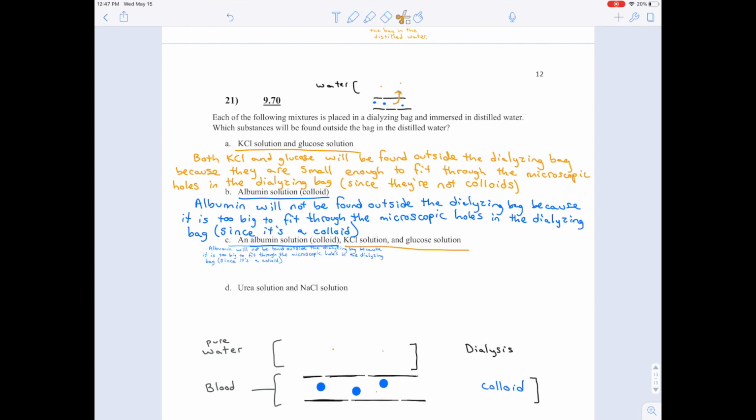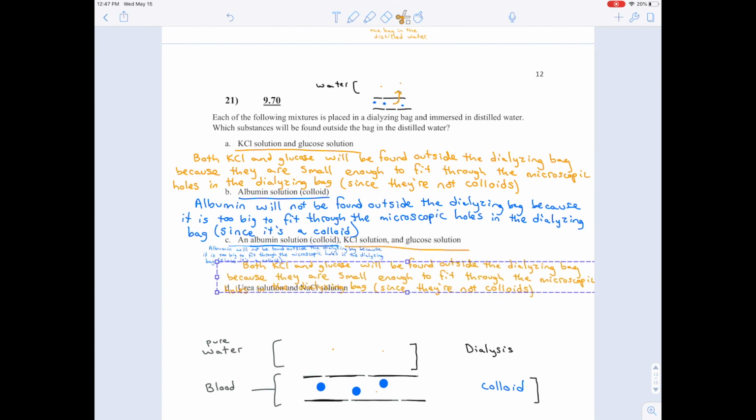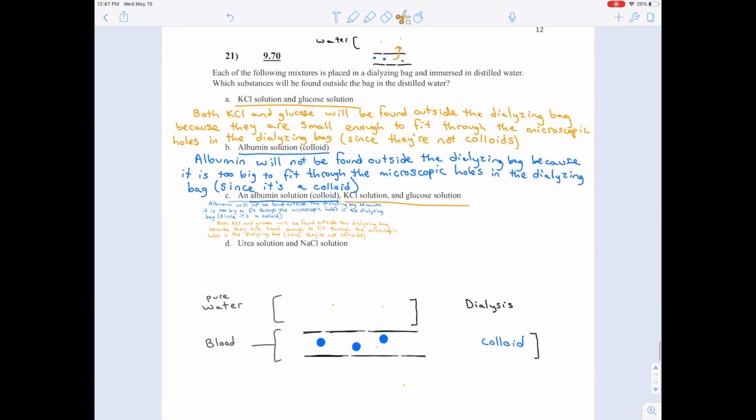And we know that because it is too big to fit through the microscopic holes in the dialyzing bag since it's a colloid. The KCl and the glucose, on the other hand, those would be found on the outside of the dialyzing bag because they are small enough to fit through the microscopic holes in the dialyzing bag, and we know that because they are not colloids.